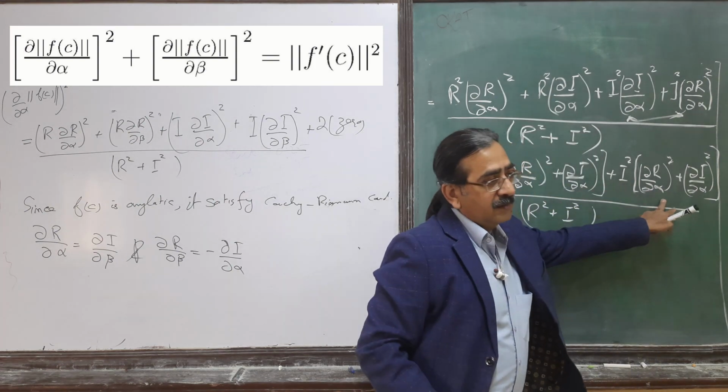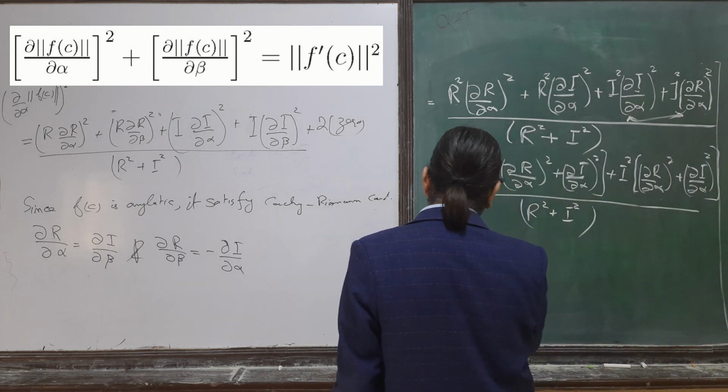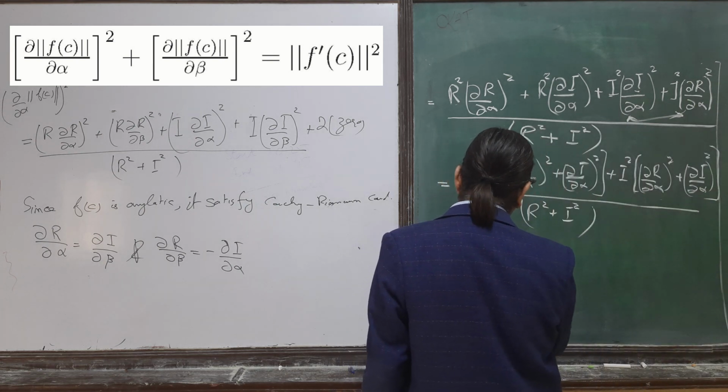Both are the same, so we may take a common. Okay, so that will be R square plus I square.